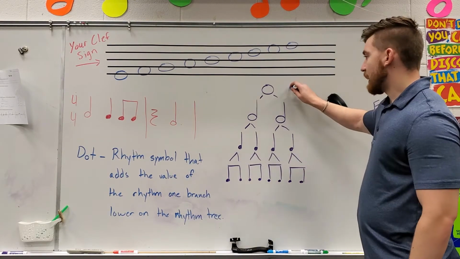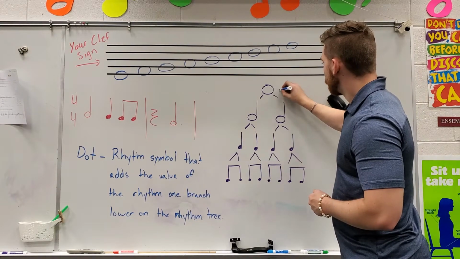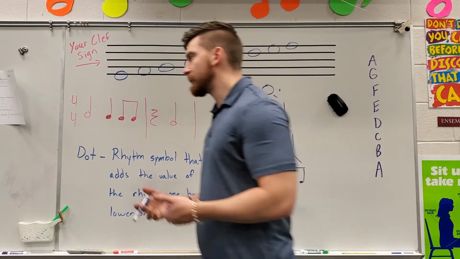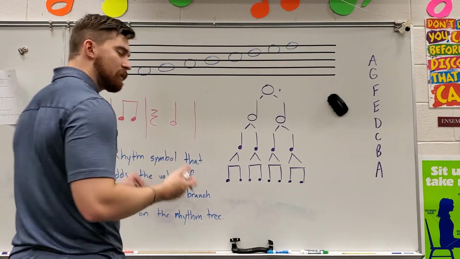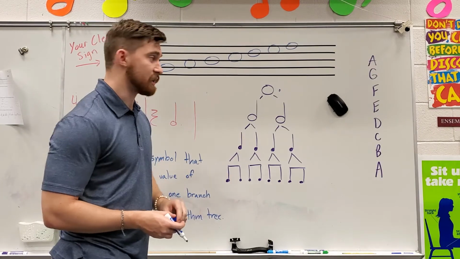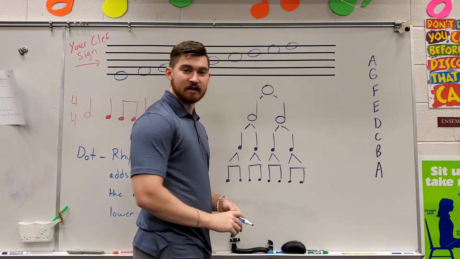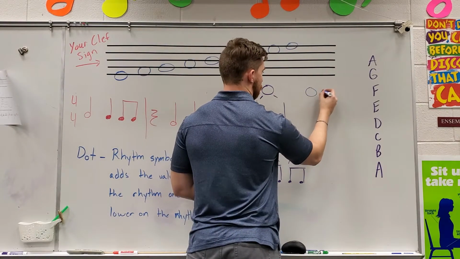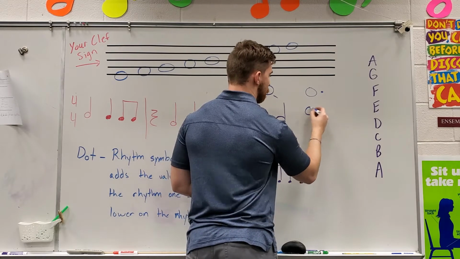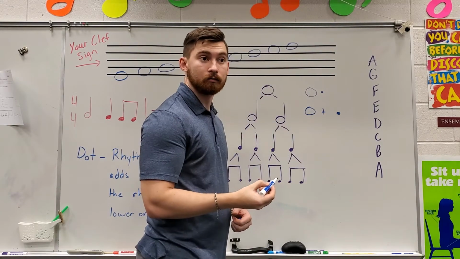So if I wanted to add a dot to a whole note, like I demonstrated earlier, let's break down how that works. Make sure you have this note tree in front of you or on your worksheet because you're going to need it. So if I want to have a dotted whole note, we have a whole note plus that dot now.